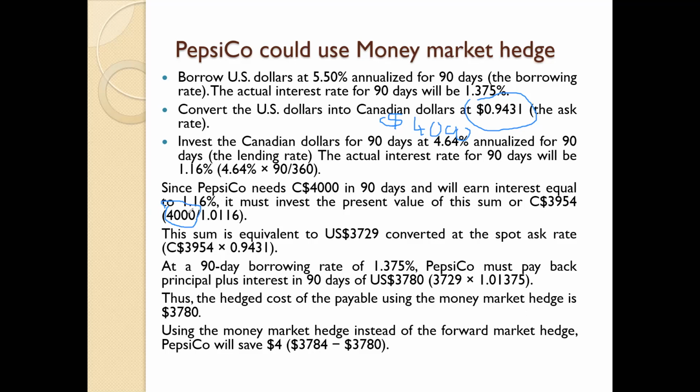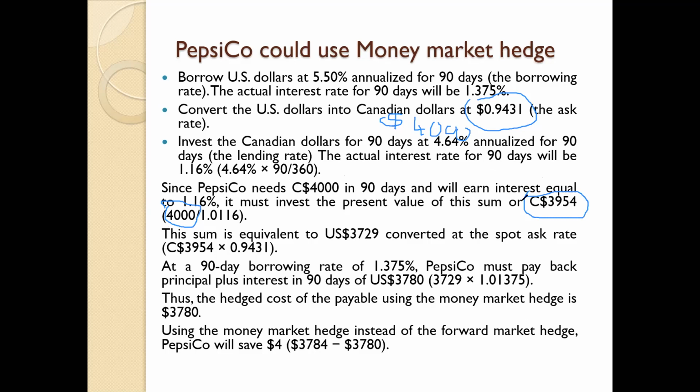Right? Your investment plus interest needs to equal Canadian dollar 4,000. Therefore, you need to invest Canadian dollar 3,954 in the Canadian investment in order to make that Canadian dollar 4,000 payment at the end of 3 months.